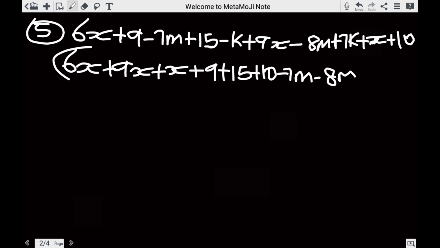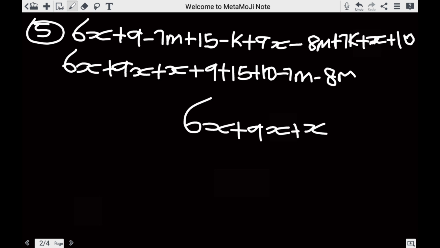Now let's focus on these first 3 terms, and let me write it out here. 6s plus 9s plus s. Because the signs that these 3 terms have are the same, you choose one of the signs. It's the same thing as plus 6s plus 9s plus s.